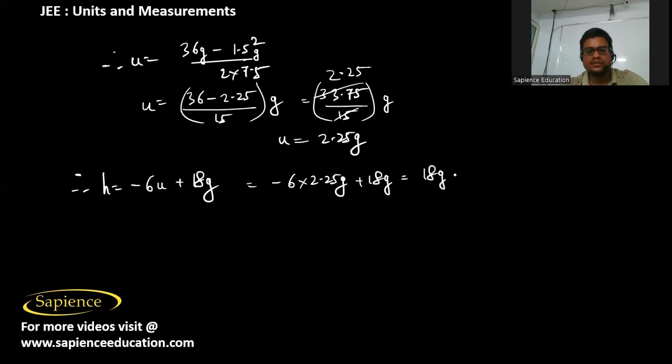So this will be 18g minus 6 times 2.25g: 6 fives are 30, 6 twos are 12, so that is 13.5g. So 18 minus 13.5 is equal to 4.5g. So H is equal to 4.5g.